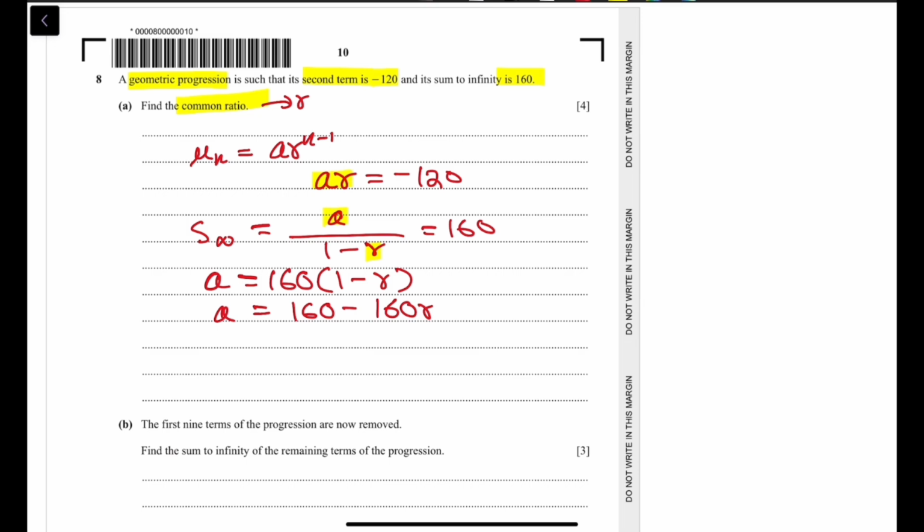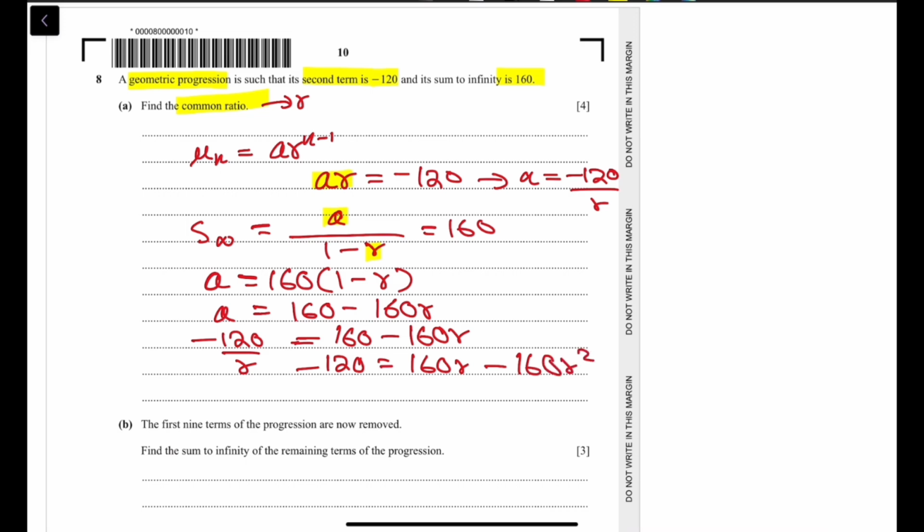I can just do here a equals negative 120 over r. So negative 120 over r is equal to 160 minus 160r. Multiply everything by r. We will get negative 120 equals 160r minus 160r squared. Move everything to the other side because it looks better that way.